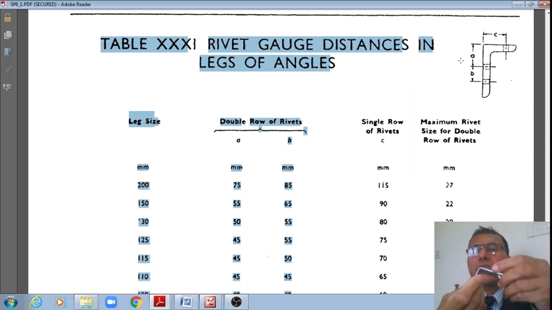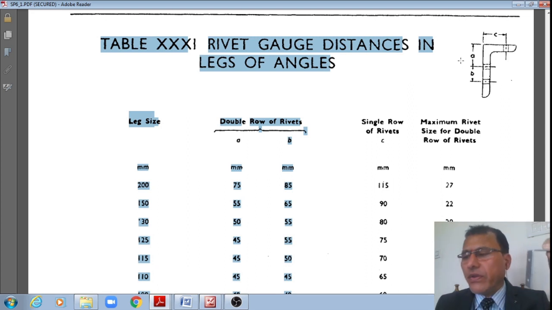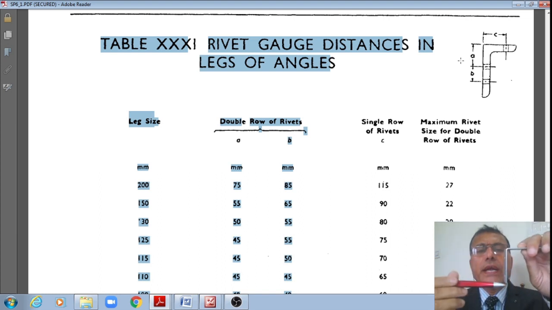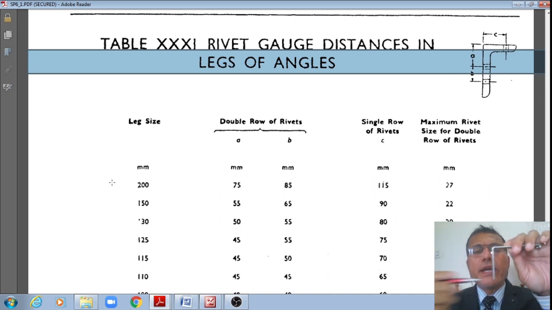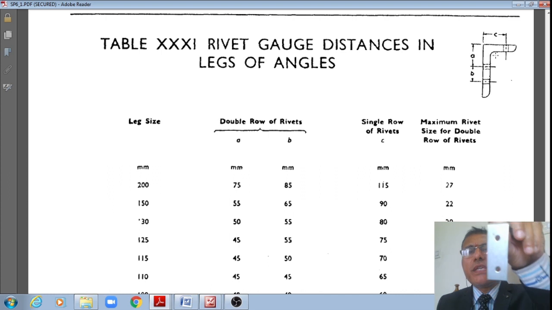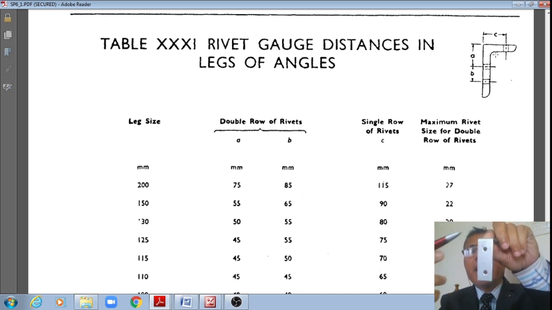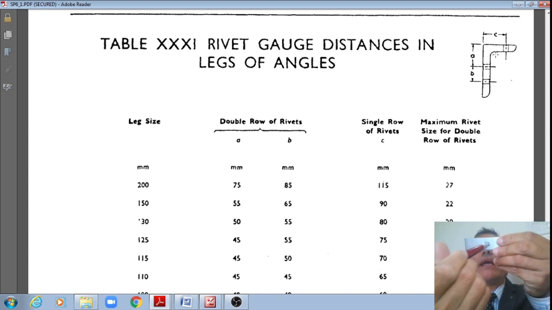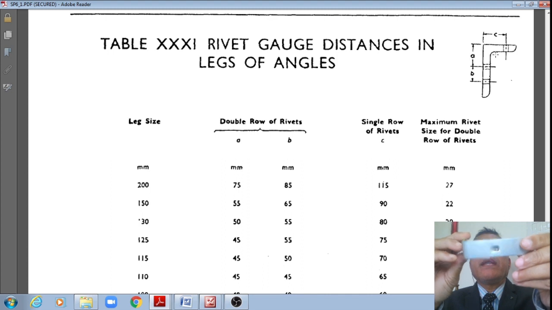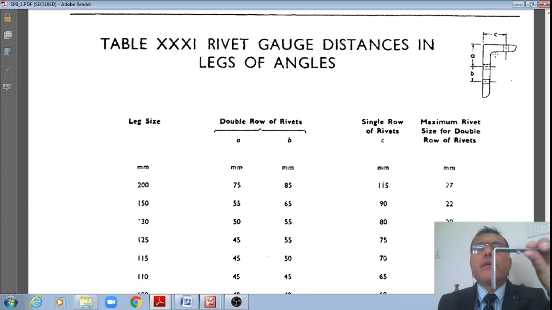Now if I have the leg size 200 mm, first one, then double row rivets like this, you can see I have 2 rivet holes for the connected leg and one rivet hole for the outstanding leg.